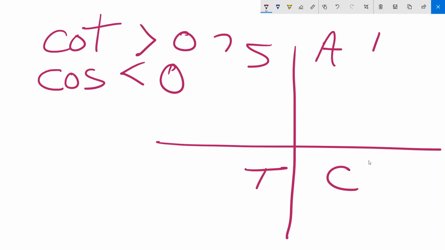Okay? Which 2? So cotangent is positive in which 2 quadrants? Number 1, for sure. Right. Cosine is negative in which 2 quadrants?